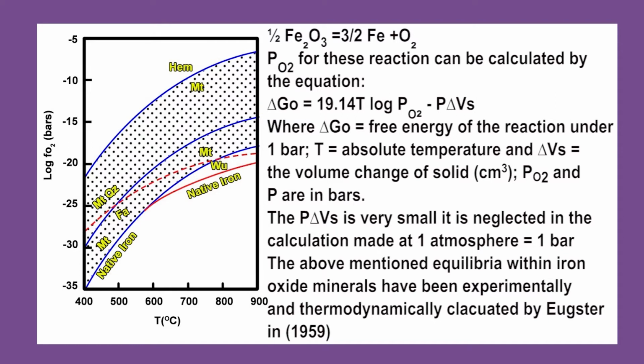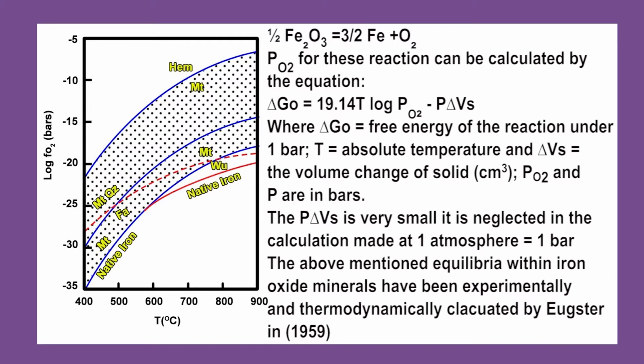PO2 for these reactions can be calculated by the equation delta G0 equals 19.41 T log PO2 plus P delta Vs, where delta G0 equals the free energy of the reaction under 1 bar, T equals absolute temperature, and delta Vs equals the volume change of the solids in cubic centimeters.